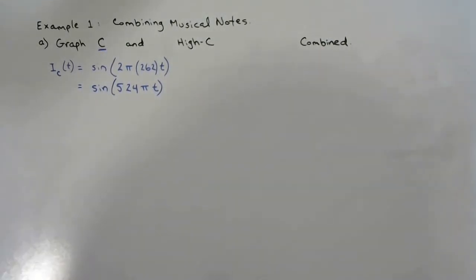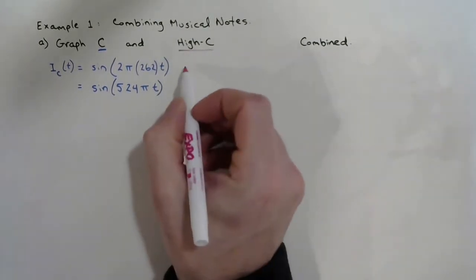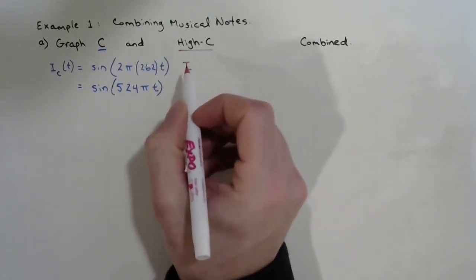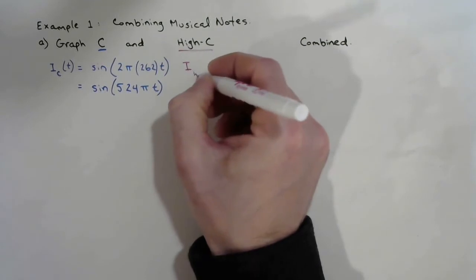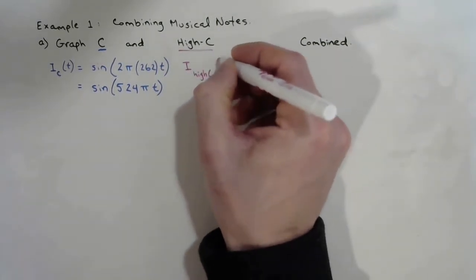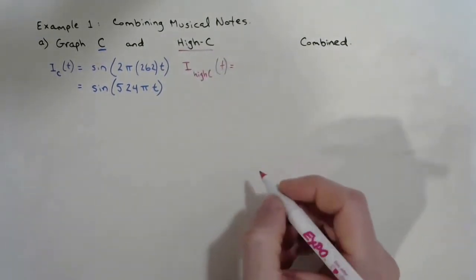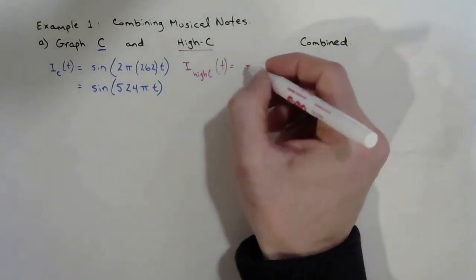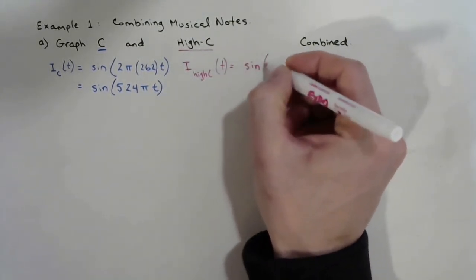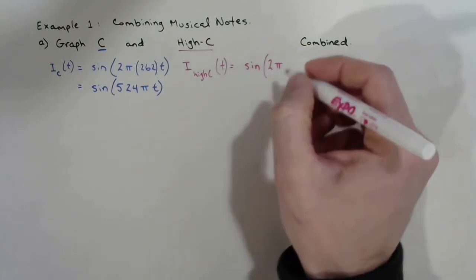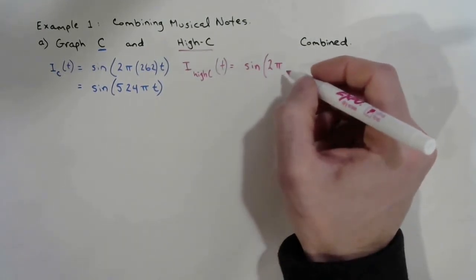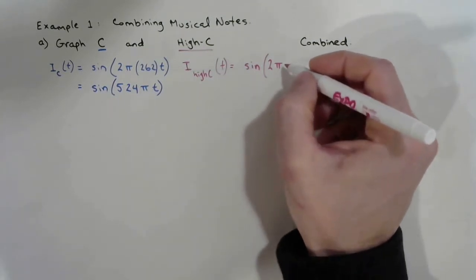Now if we go for our function of high C, I'm going to do the exact same thing and take the intensity of high C with respect to time, and I'm going to use the same function. It's the sine of bracket 2 pi, and now I'm going to sub in the frequency for high C, which is 524.